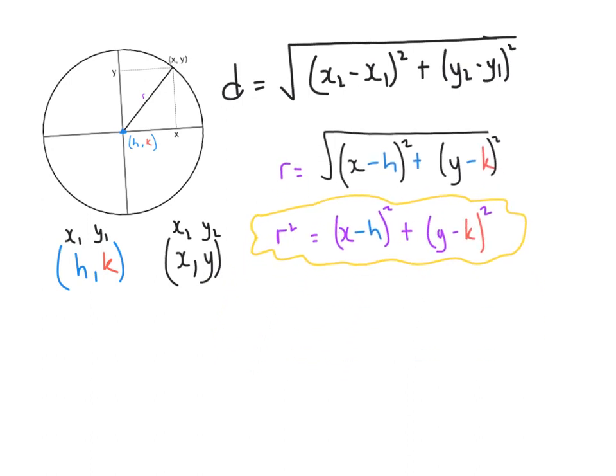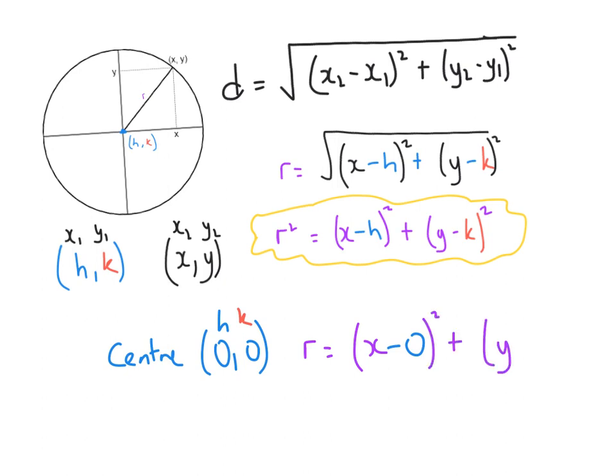So let's look, for example, at what would happen if we had a center 0, 0. Well, this would be h, and this would be k. So r squared in this case is equal to x minus 0, all squared, plus y minus, and k is also 0 in this case, all squared.